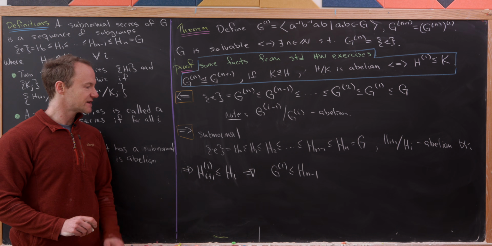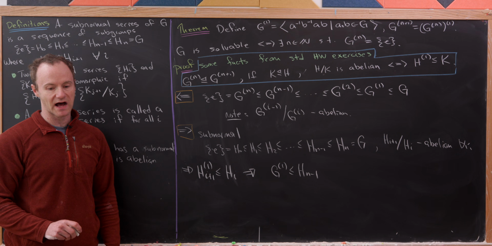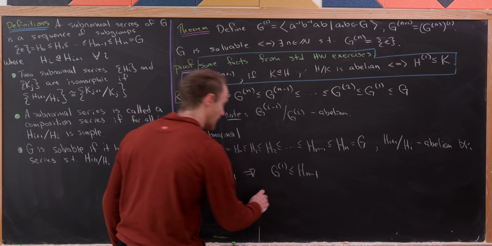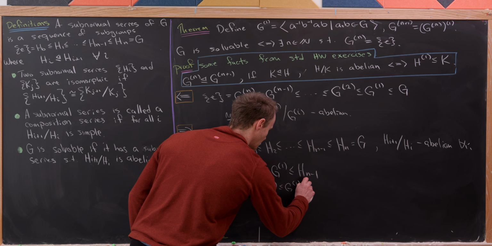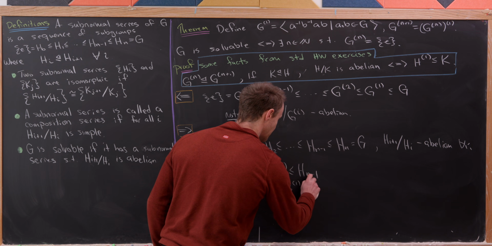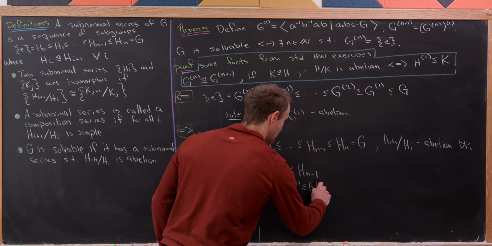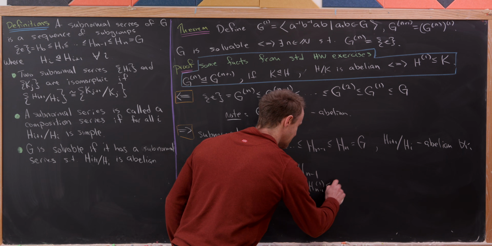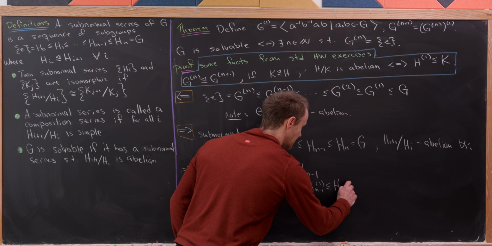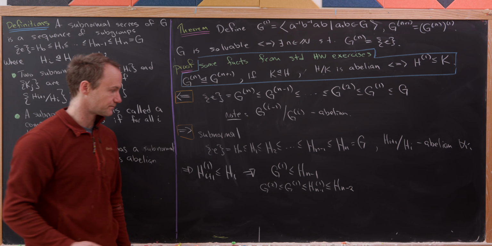And then I think you could see where we're going here. We're just going to apply the upper 1 thing again, and that'll give us G upper 2 is contained within G upper 1, which is contained within H n minus 1 upper 1. But then that's going to be contained within H n minus 2.